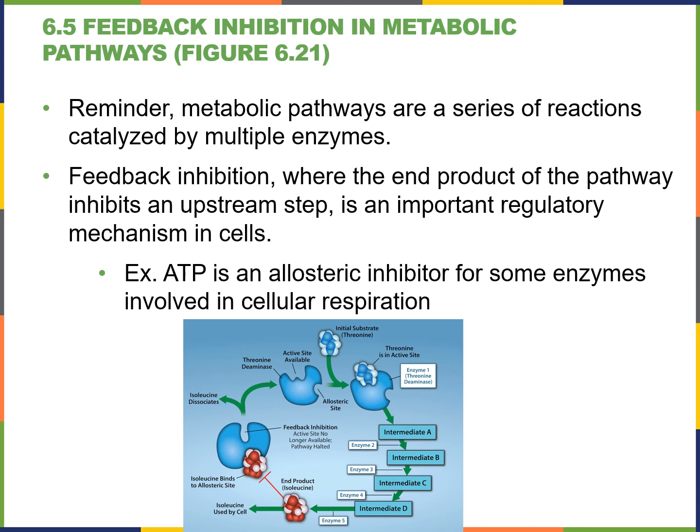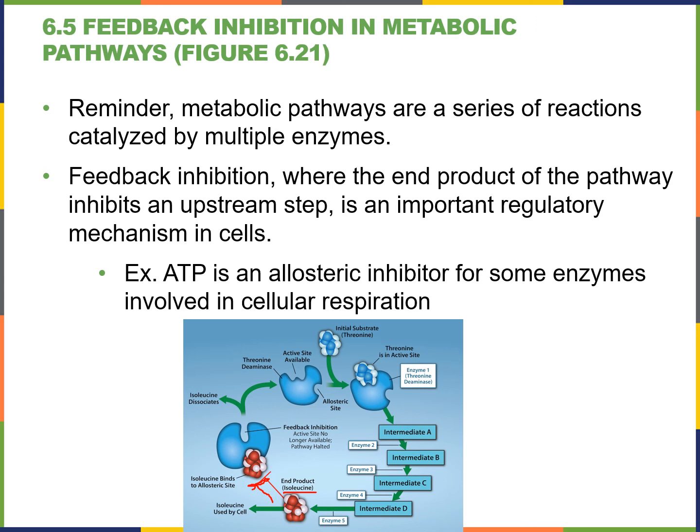So metabolic pathways are a series of reactions catalyzed by multiple enzymes. And feedback inhibition occurs when the pathway's end product, which you can see in the picture here as isoleucine, inhibits an upstream enzyme indicated by the red bar here. So the end product isoleucine here is inhibiting the enzyme right there.